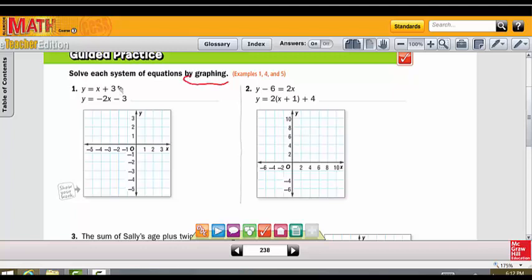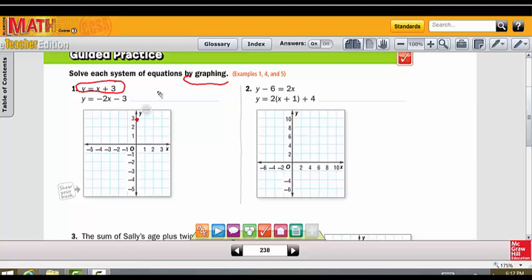So the first thing we're going to do is plot y equals x plus 3. We can do that by putting a point at the y-intercept, which is 3, and then our slope is 1, so we know that we're going to rise 1 and run 1.